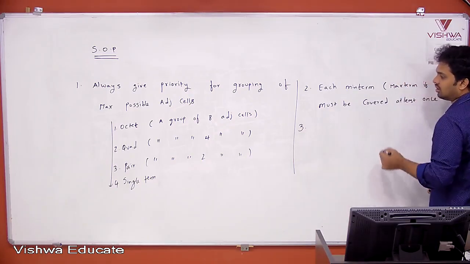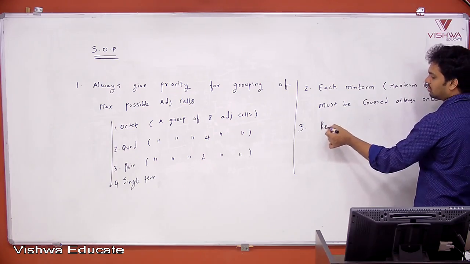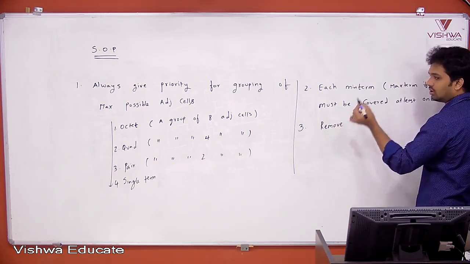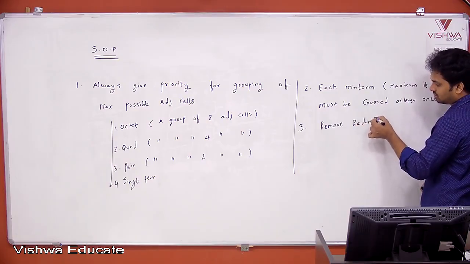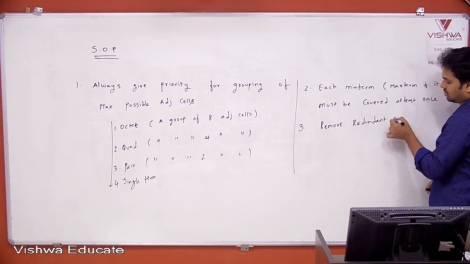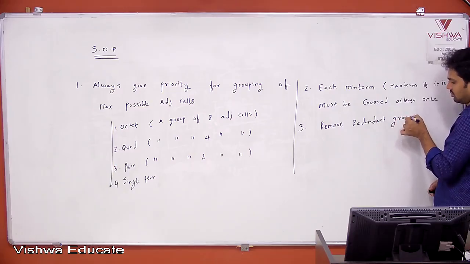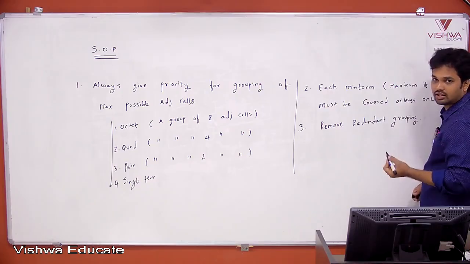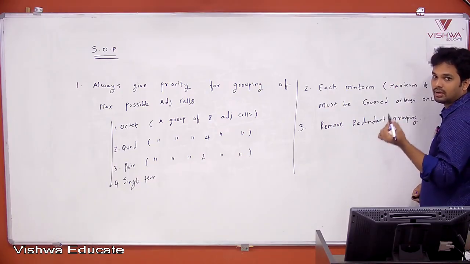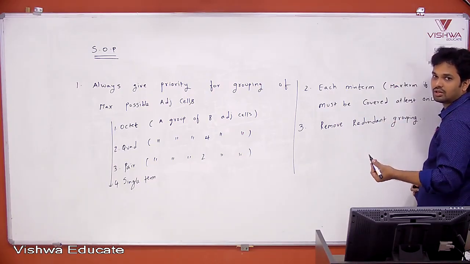Lastly, remove redundant groupings. If any group, meaning a pair or quad or any term, is covered more than once, it is giving redundancy.